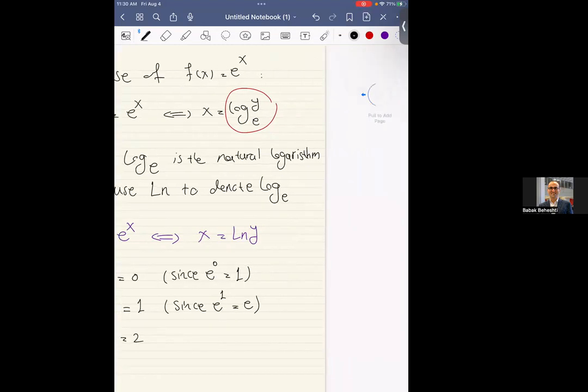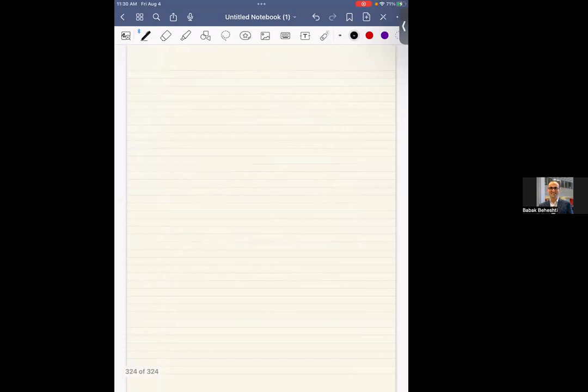If you want to draw the graph of ln, this is y equal to ln of x. The x-intercept is x equal to 1.